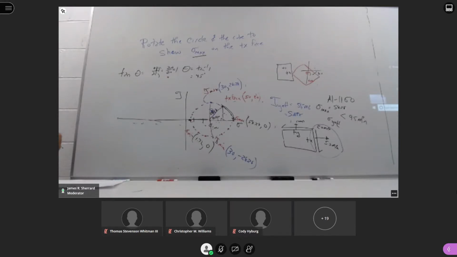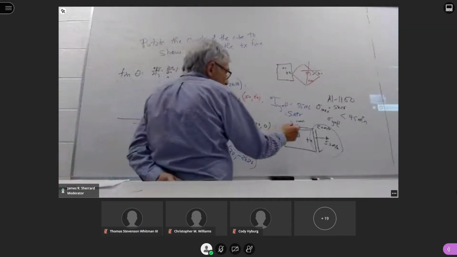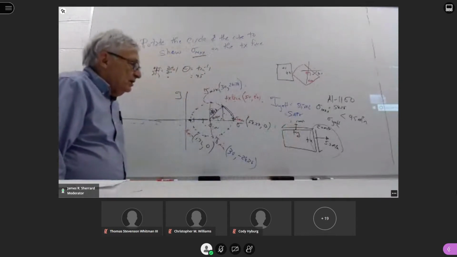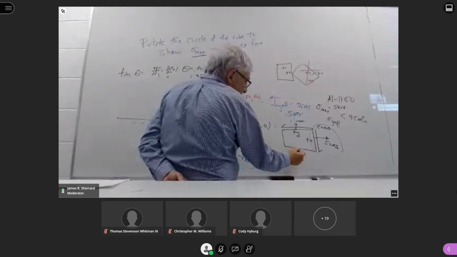If we look at the relationship between the circle and the cube, this is the plus y base where we have this value.